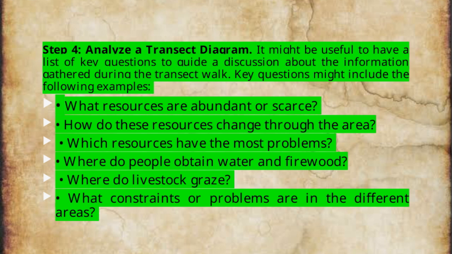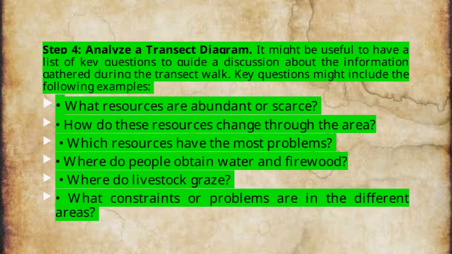Another important question is identifying which resources have the most problems, perhaps issues with access, quality, or sustainability. We also want to think about where people obtain water and firewood. These are crucial resources for daily life, and their locations can tell us a lot about human-environment interactions.